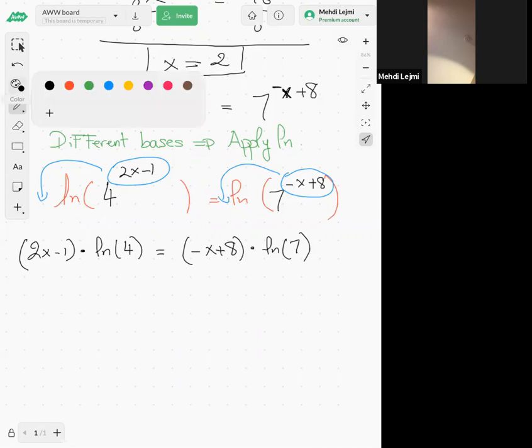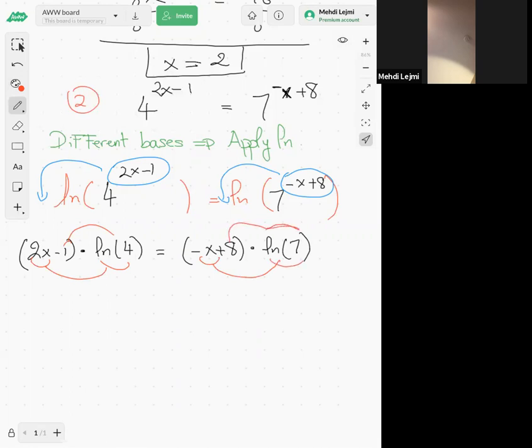So this is 2x times natural log of 4, and then 1 times natural log of 4. Same here, minus x times natural log of 7, and then 8 times natural log of 7. So it's 2x times natural log of 4, which is 1.3 something, minus 1 times natural log of 4.